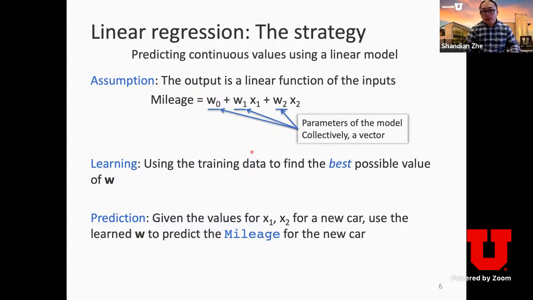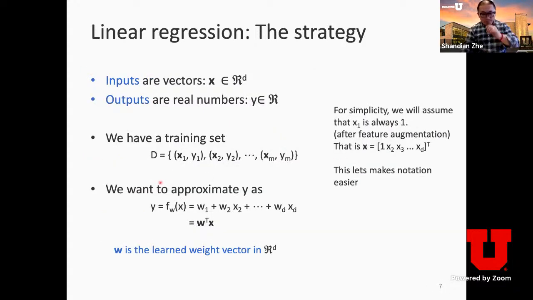So this is the whole strategy. And for convenience, we're going to collectively represent all the weights, as well as the bias parameter, as W. So here we're going to give a more formal definition of linear regression. Assume our inputs are represented by a d-dimensional vector, and outputs are real numbers, so they belong to real space.